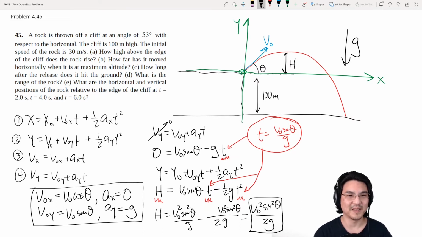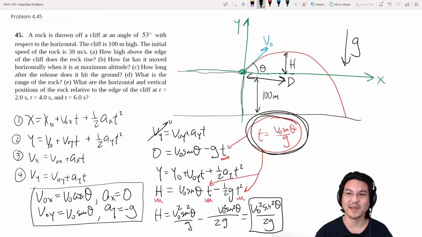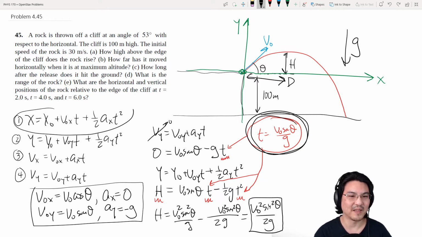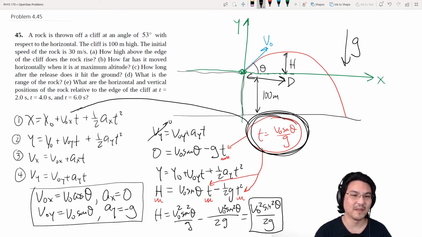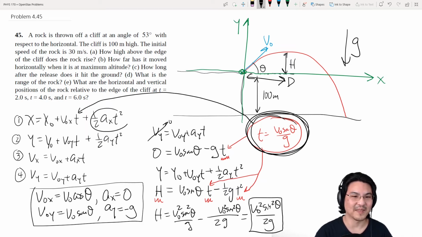How far is that when at the maximum altitude? In other words, how far is this? I'll call that d for distance. We already know the time that it's here. So just take that and plug it into horizontal distance, which is here. AX is 0, and this is 0.